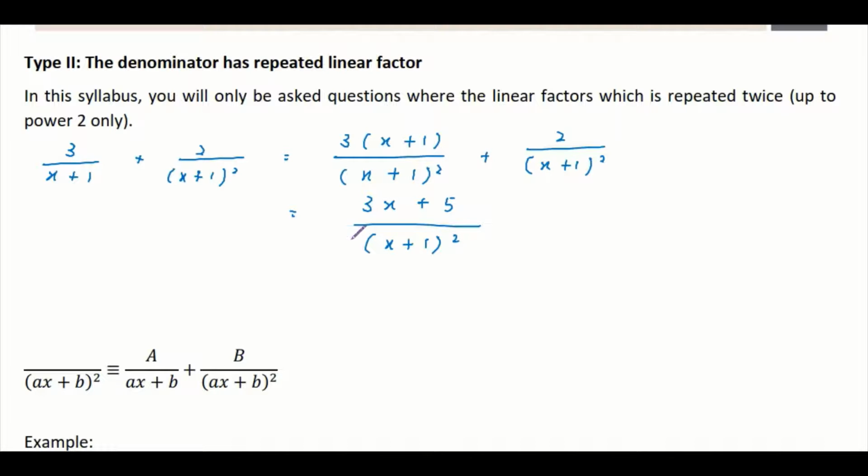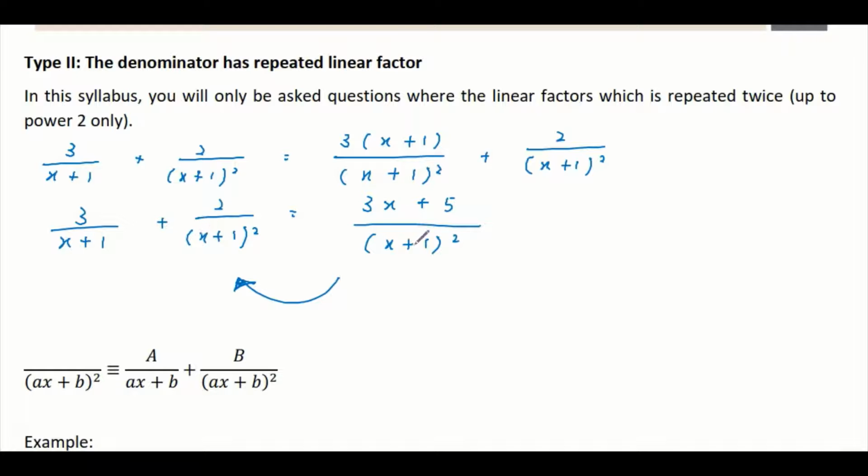Okay, so what you can realize here is, if I copy this down, when we talk about partial fractions, it means that we need to do the reverse process, right, from here to here. So when I have something that is repeating in the denominator, it means that I might have two fractions with a linear factor of power 1 and power 2.